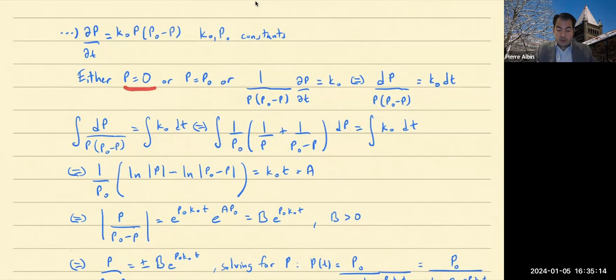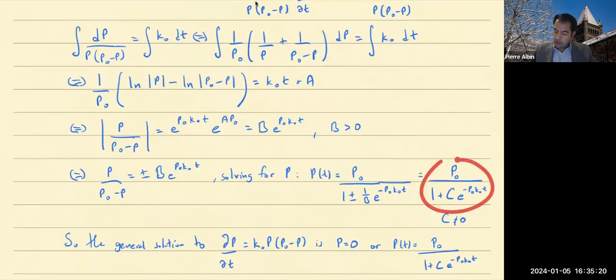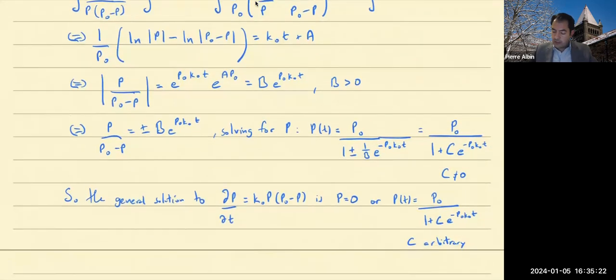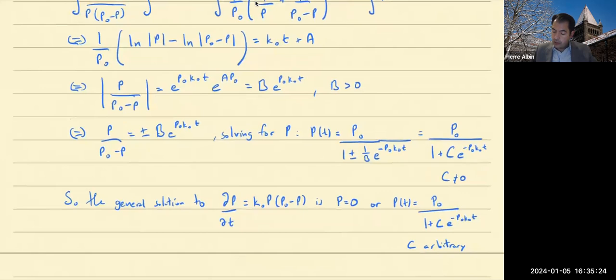So we either have p equals p naught, or p equal to 0, or this, right? And so just allowing c to be 0 includes the case p equals p naught in this fraction. So that means that this is the general solution.